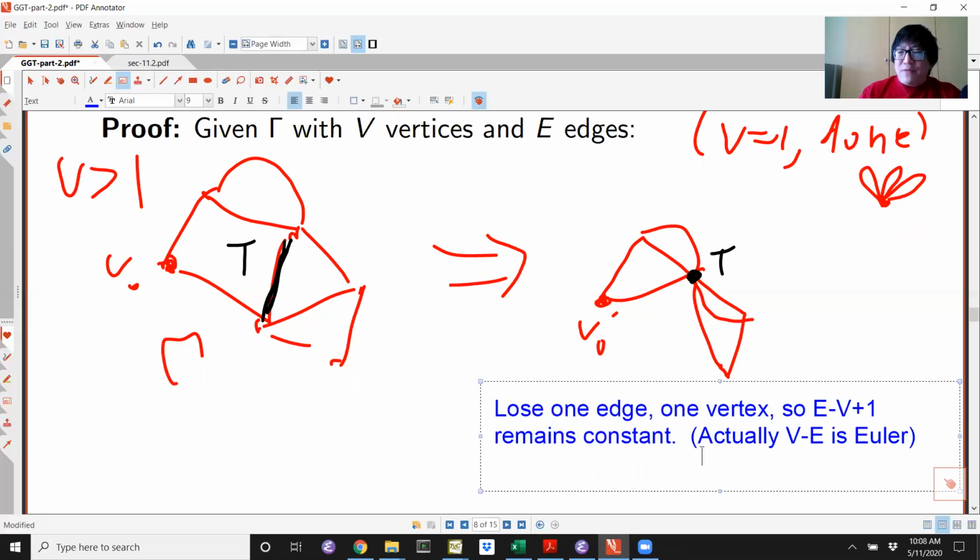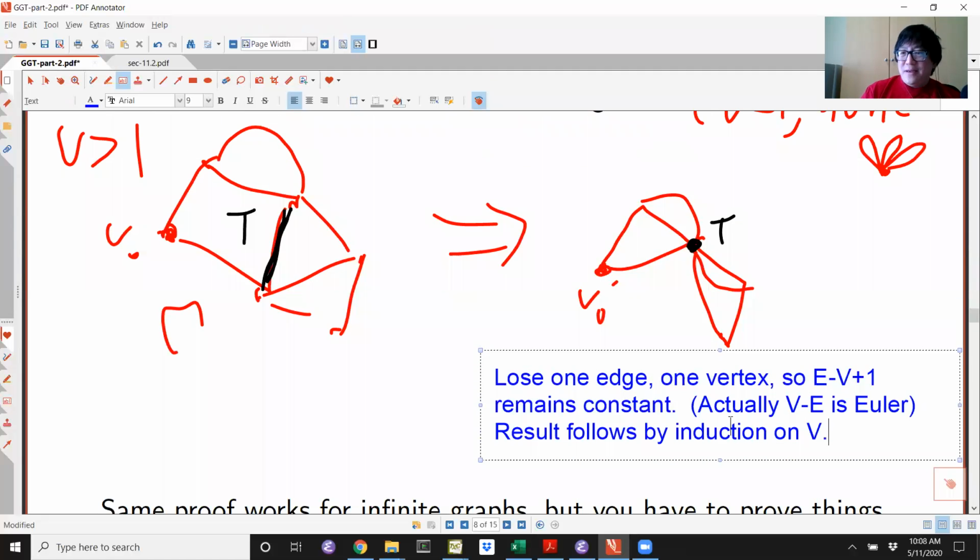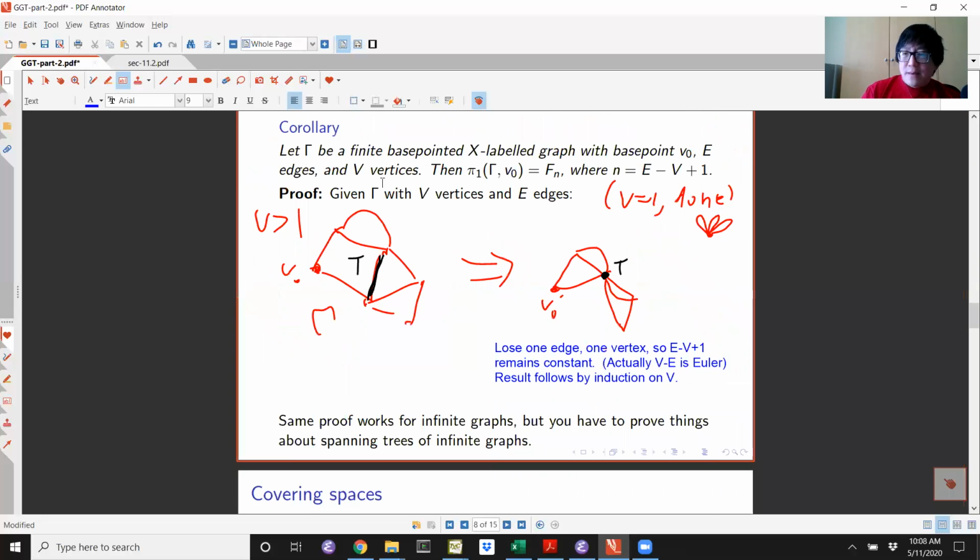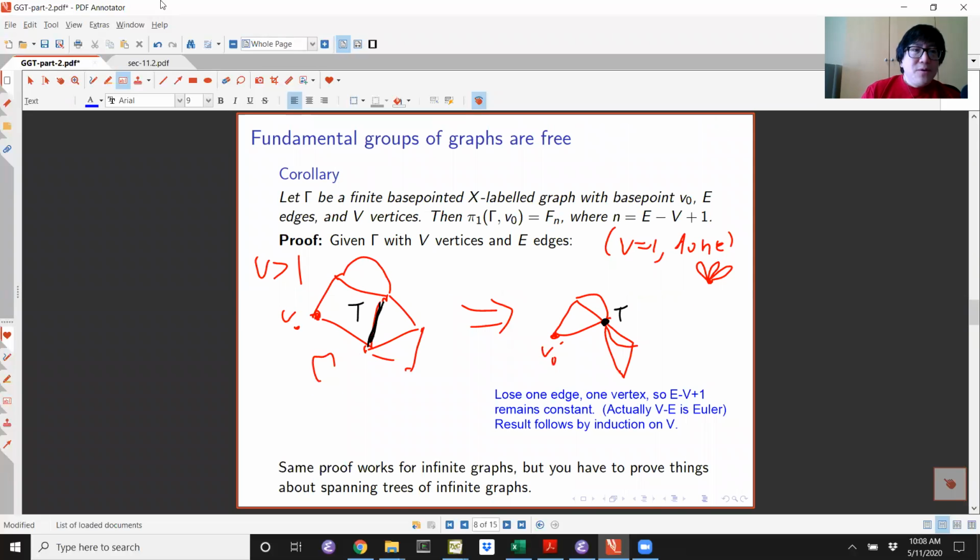Anyway, the point is E minus V plus 1 remains constant, and so the result follows by induction on V. Ta-da! We're done. That was it.